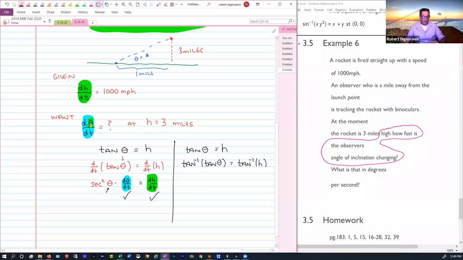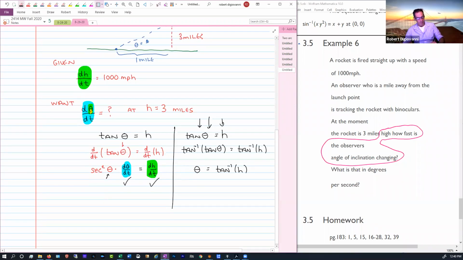I'm still working with the same equation, but I'm going to take inverse tangent on both sides. The reason is that the left side now becomes just theta, and the right side is arctangent of h. Y'all follow? Now take the derivative with respect to time. The derivative of the left-hand side is just d theta dt.